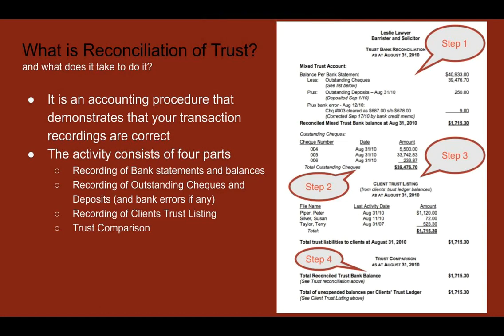That gives you an idea of the trust liability. This is what you're liable to pay back to your clients because their money is held in trust. It's not your money, it is your client's money, right? And lastly, you compare the trust bank balance with the client trust ledger to ensure that they are matching.